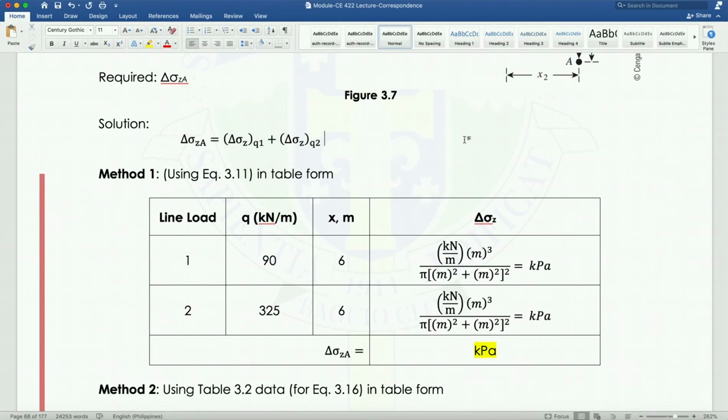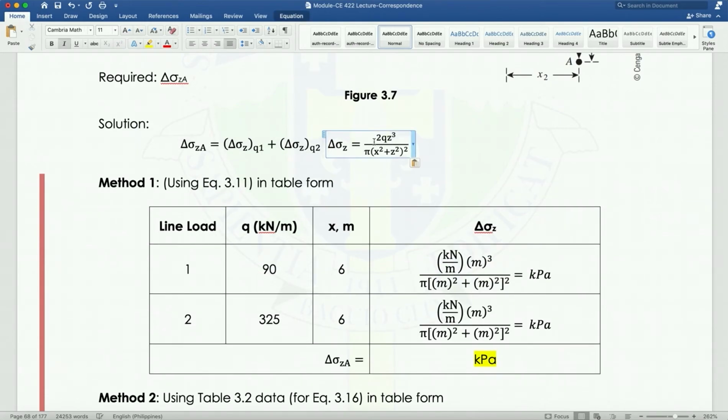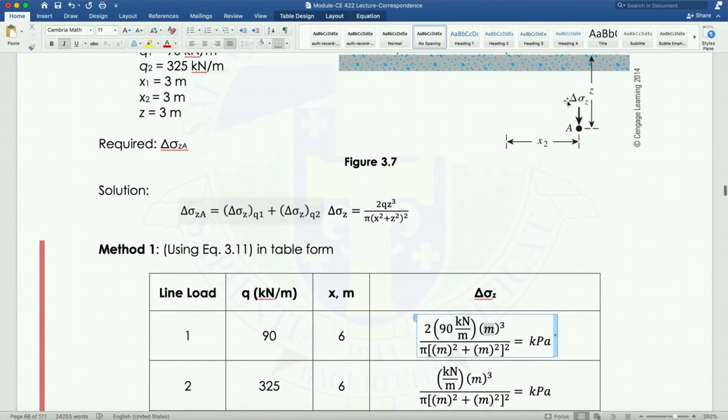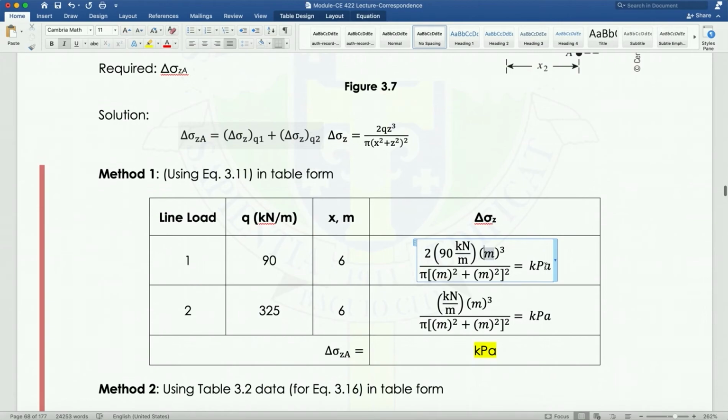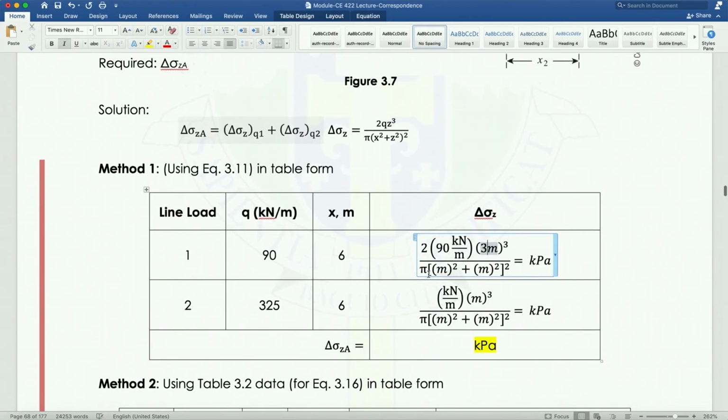So placing it here, we have 2qz cubed. So we have here 2 times what is q, we have 90 times what is the z. Our z here is equivalent to 3 meters. Yeah, tama. So that is equivalent to 3 divided by pi times what is the value of x. X is equivalent to 6.